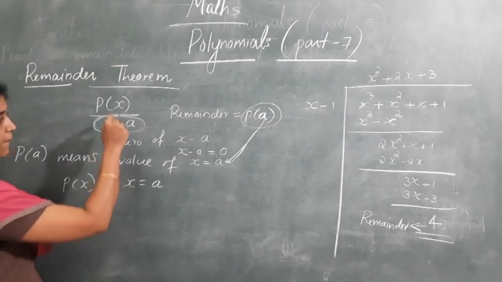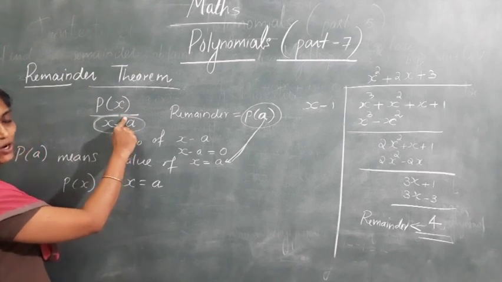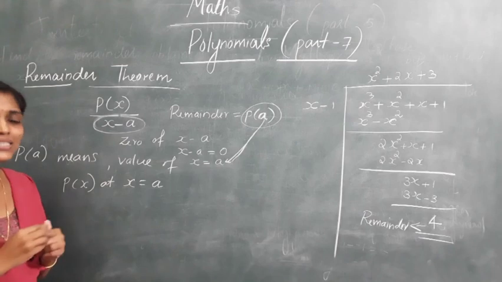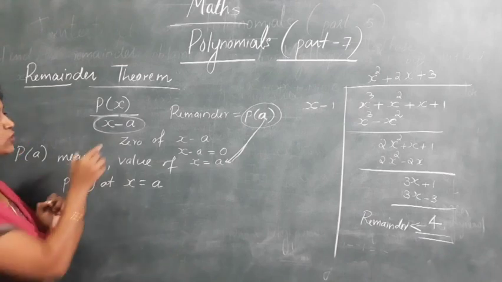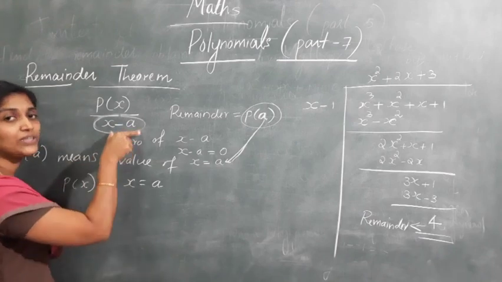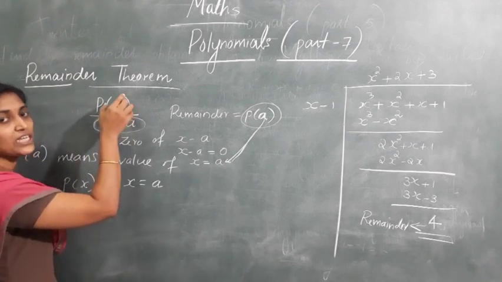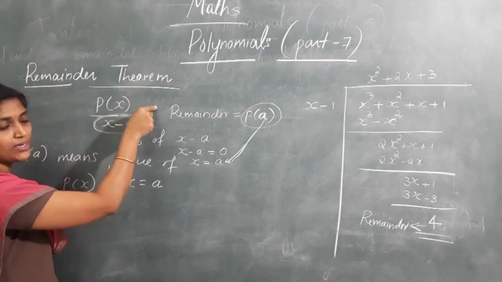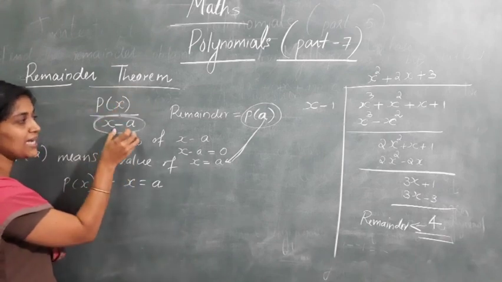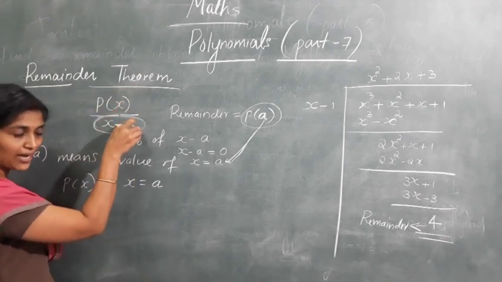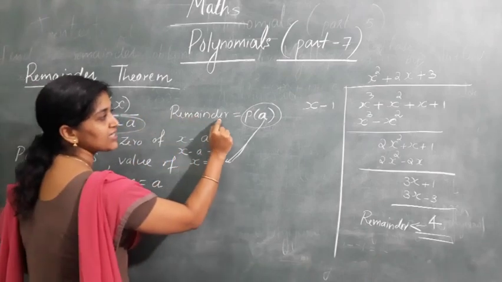So keep in mind, p of x is a polynomial of degree greater than or equal to 1. Why do we say degree greater than or equal to 1? Because the divisor we use is of degree 1. So p of x must be a polynomial of degree greater than or equal to 1. And if p of x is divided by a linear polynomial x minus a, then the remainder is equal to p of a.